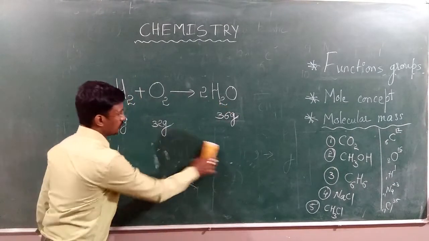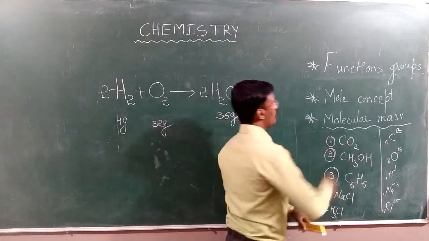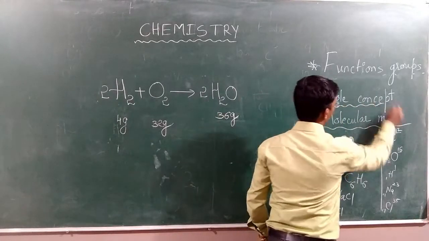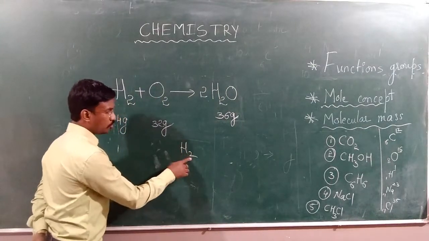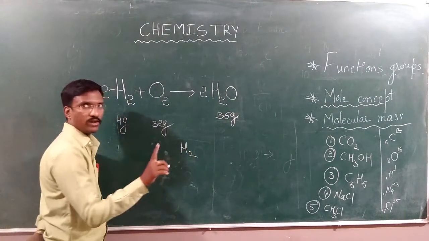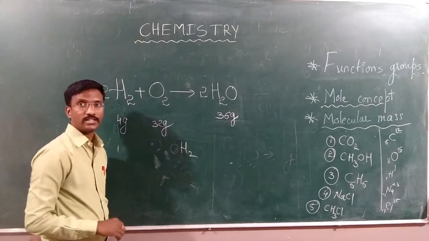The same thing we can express in another concept, which is called the mole concept. What is a mole? For hydrogen, we say here it is 1 because we have to look at the coefficient value, the number written beside it.